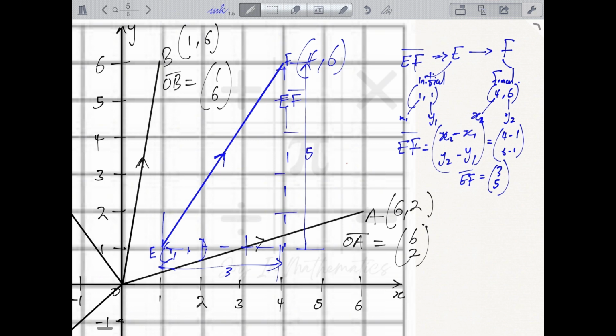So let's rewrite this and say the line segment EF is 3, 5. Now we have solved for EF.